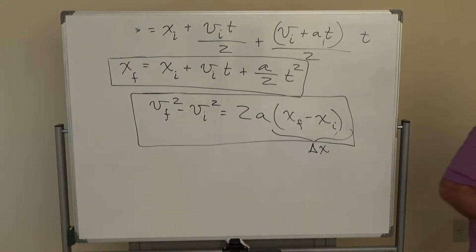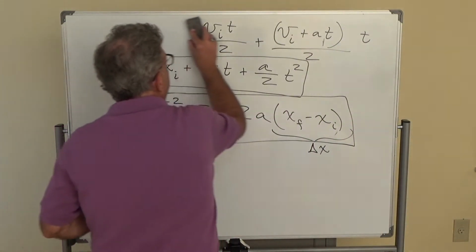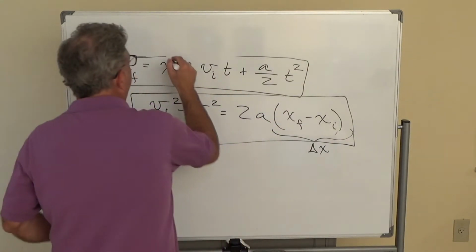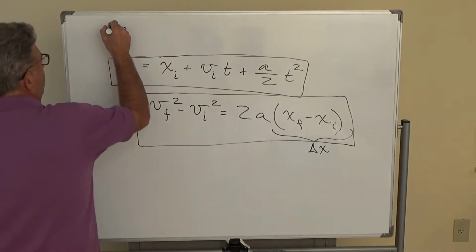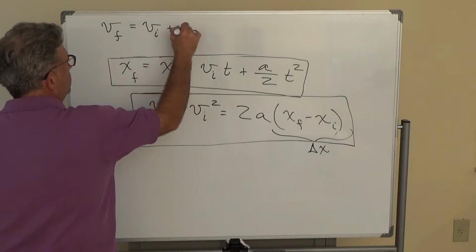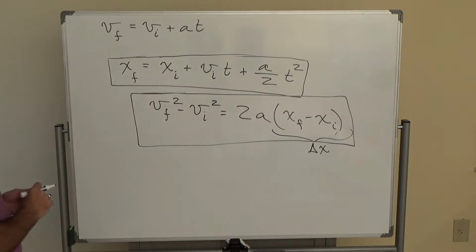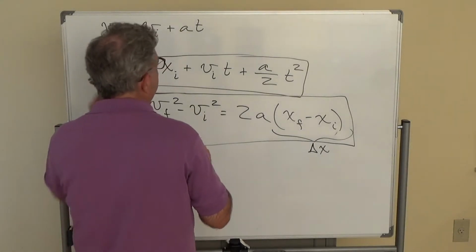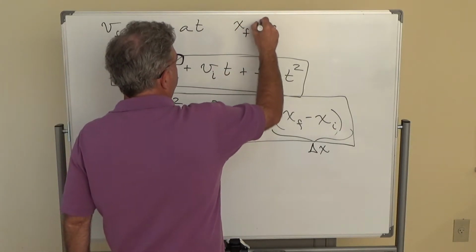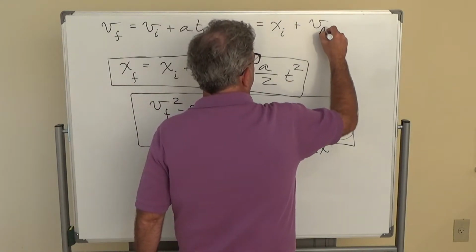For constant acceleration problems, which is all we're going to be doing, you also have that v final is equal to v initial plus at. That one is on the equation sheet. And you have that x final is equal to x initial plus v average t.